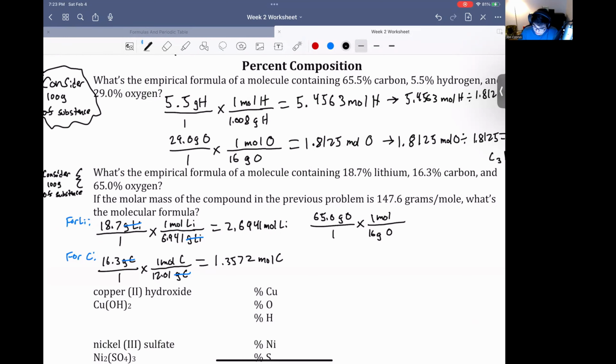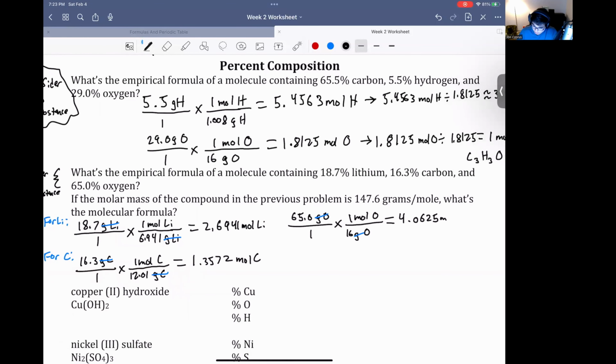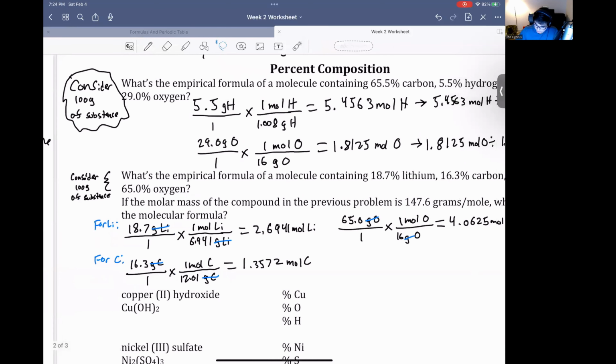That is the molar mass. So 65 divided by 16 is equal to 4.0625 moles of oxygen.